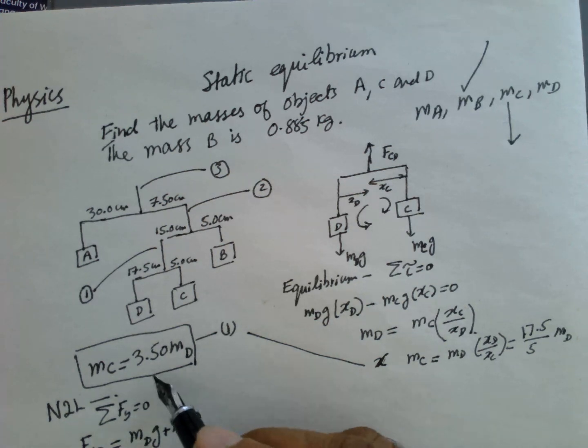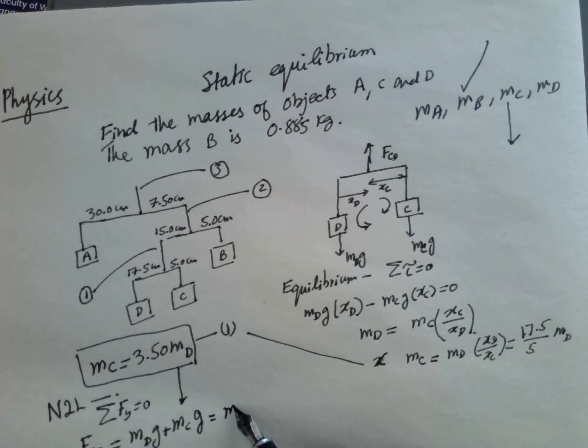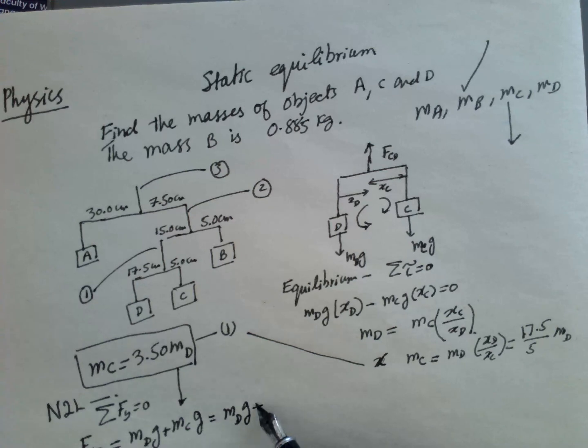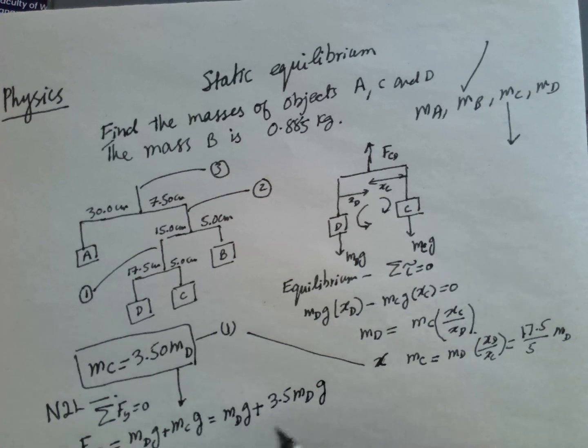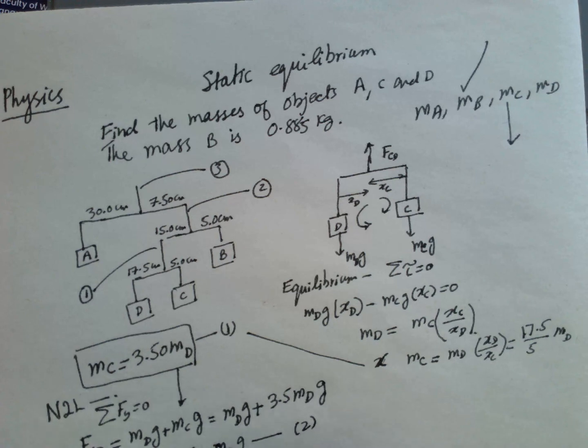Applying equation 1, MDG plus 3.5 MDG is equal to FCD, which is equal to 4.50 MDG. So this is equation number 2. So we have found the FCD force as well.